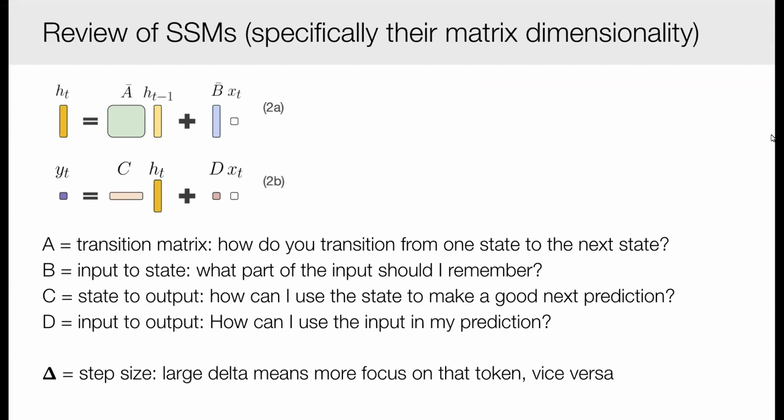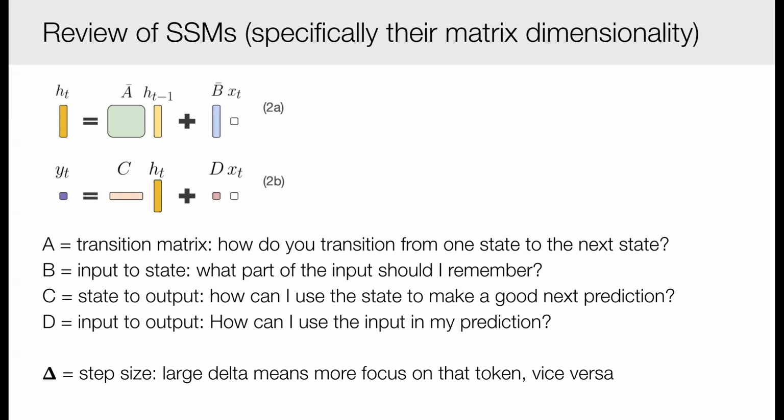So a quick review from SSMs. Basically, we have our two main equations. HT, which is your state, is equal to your A matrix, which is the thing that changes the state over time, plus your B matrix times your input. And then you have your YT, which is your C matrix times the state plus the D matrix times your input.